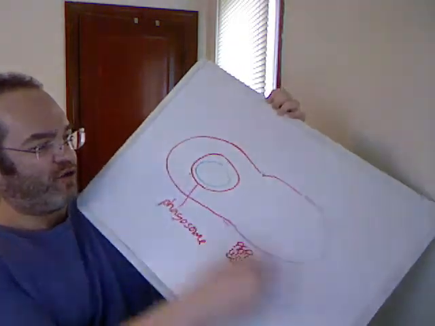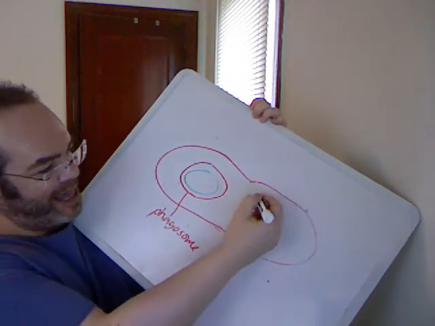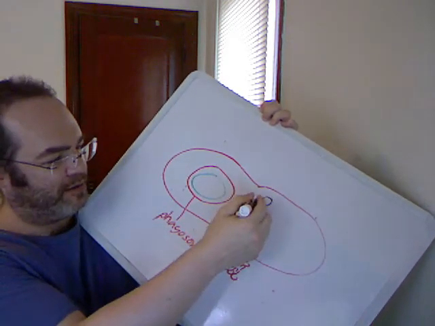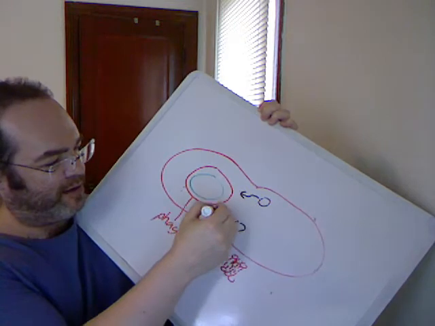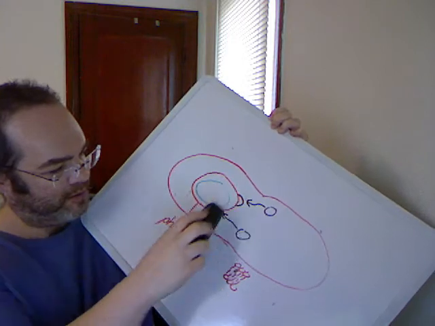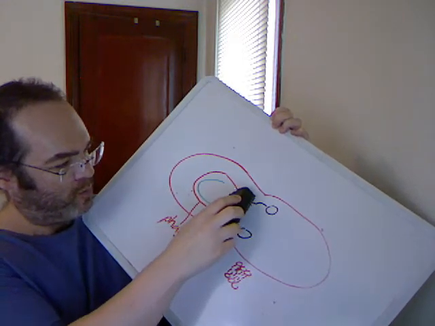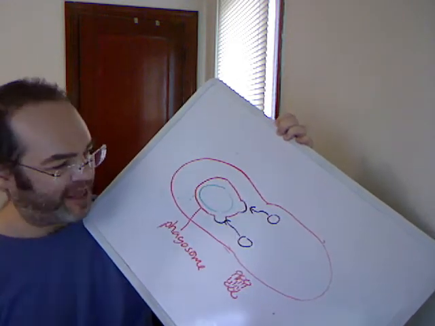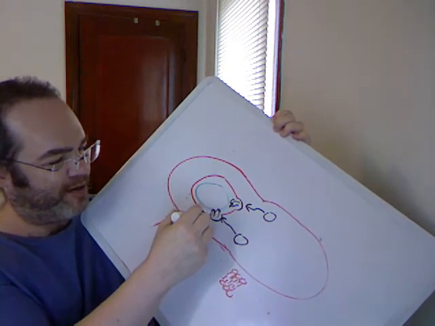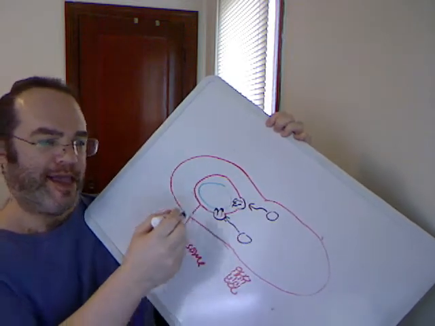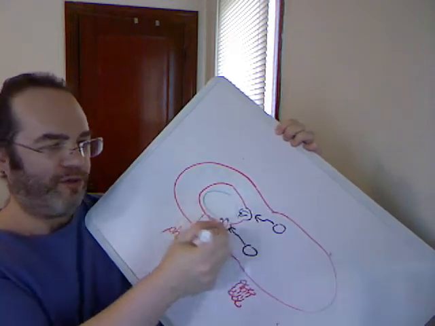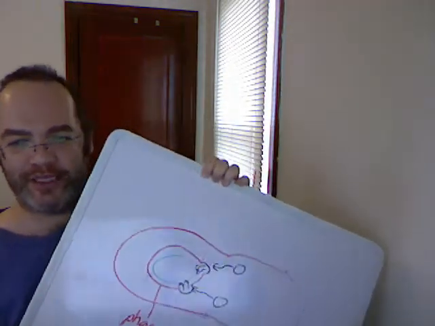So here's our phagosome. Here are our lysosomes, full of their digestive chemicals. These are going to arrive. They're going to attach, and all of the chemicals that they brought with them will be put into the interior of the structure. And now that our lysosomes have stuck, this whole thing is now called a phagolysosome.